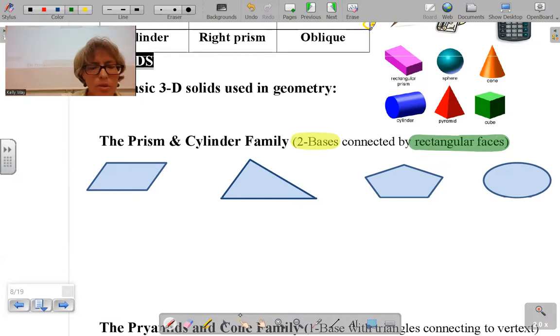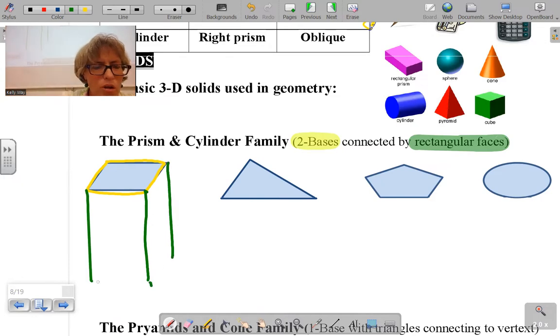Ready? I'm going to start with a rectangular prism. So there is one of your bases. We're just going to trace it and drop it straight down. The goal is to get all your edges parallel to each other. So this parallel to that, this parallel to that.